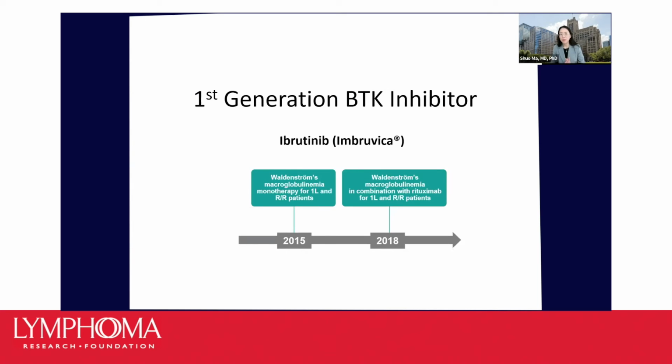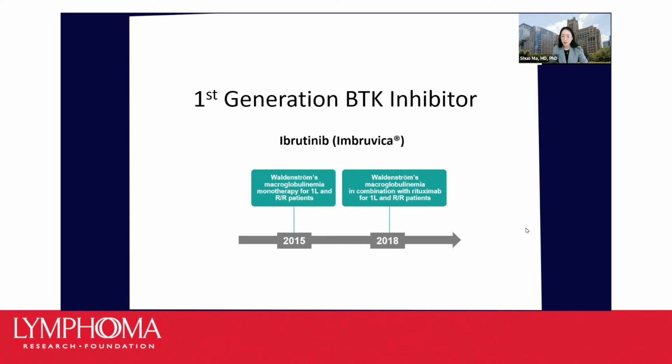So those were the conventional treatments with immunotherapy, chemotherapy, or the combination of those. In recent years, a newer form of treatment has emerged as a very popular treatment. This is called oral targeted therapies. The first one that's available is Ibrutinib. Ibrutinib is the first generation BTK inhibitor.